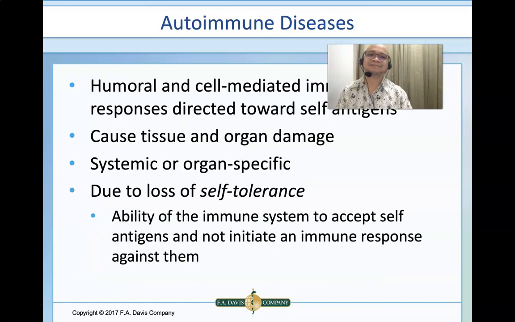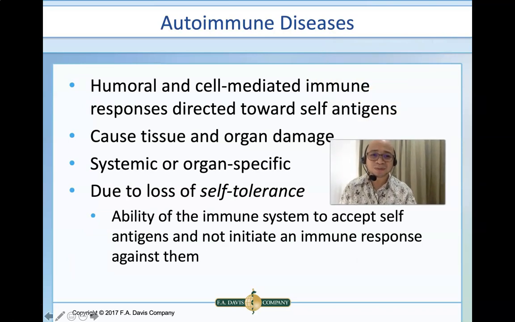Okay, so let's start. Let's discuss first, what do we mean by autoimmune diseases? When we speak of autoimmune diseases, these diseases will involve both the humoral and cell-mediated immune response.